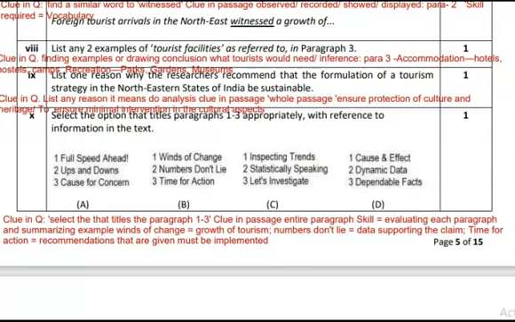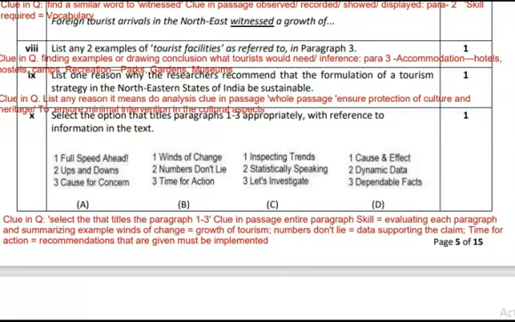Question number 9. List one reason why the researchers recommend that the formulation of a tourism strategy in the northeastern states of India be sustainable. Of course, this is a good question, one of the good questions, and the students should try. So the northeastern states also have natural resources and then ethnicity, language, culture.